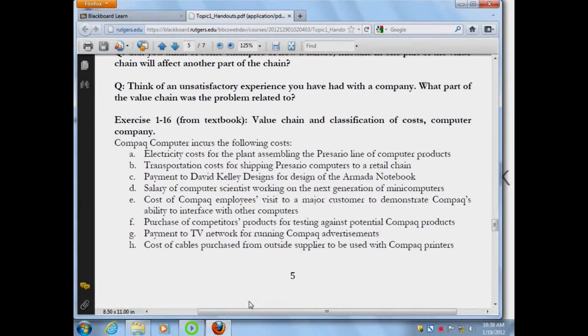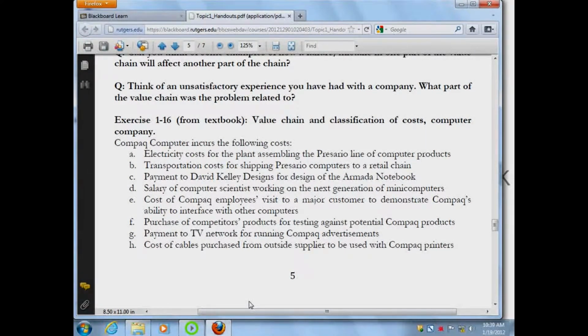It's more of a design item. It could also be a marketing expense if you want to run an ad, like the PC versus Mac ads. We say, oh, the Windows OS takes 10 seconds to open up, whereas the Mac OS only takes 1.5. A payment to a TV network for running Compaq advertisements.